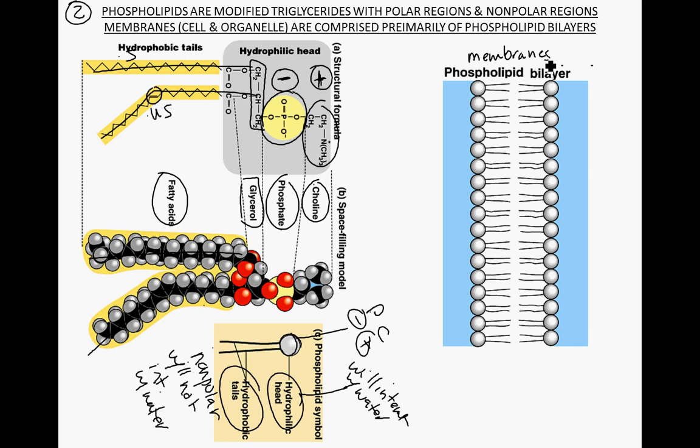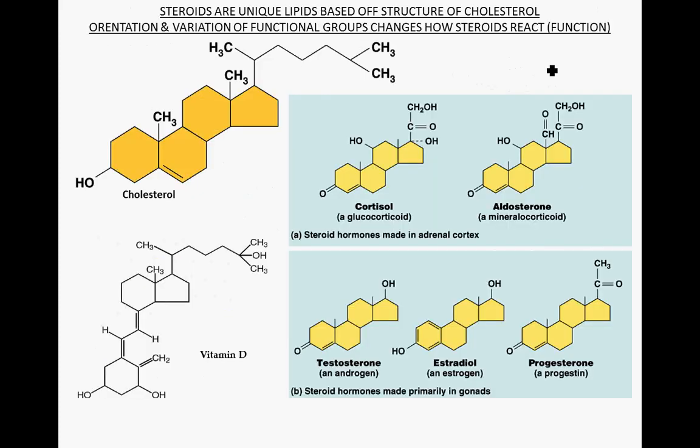So we've got triglycerides, we've got phospholipids, and now the third grouping of lipids are these steroids. So this is group number 3. The steroids are unique lipids based off the structure of cholesterol. So these have nothing to do with triglycerides or the phospholipid. They don't look anything like that. Right?